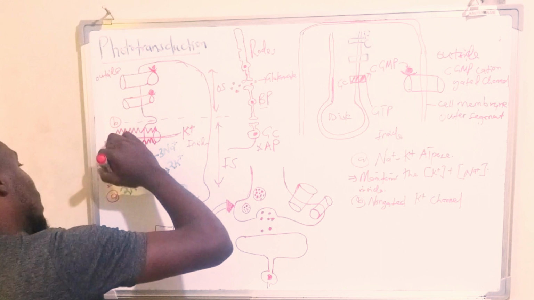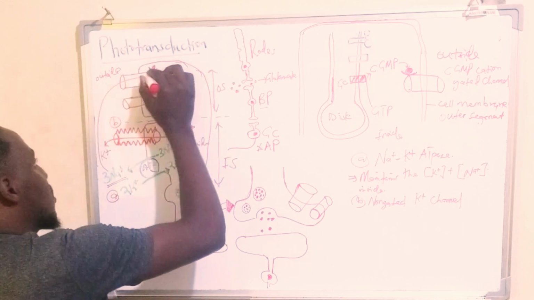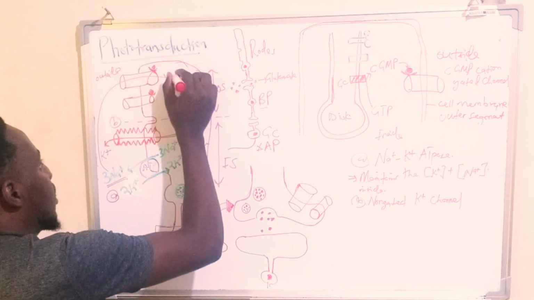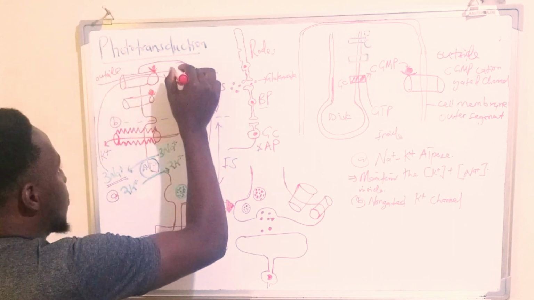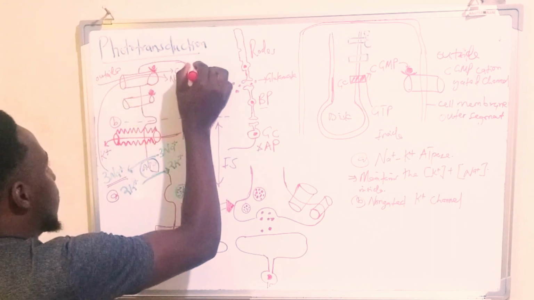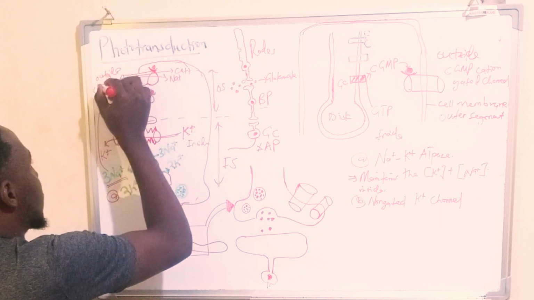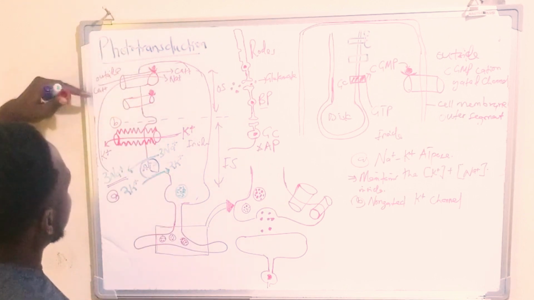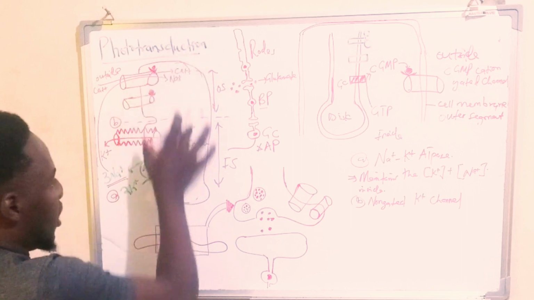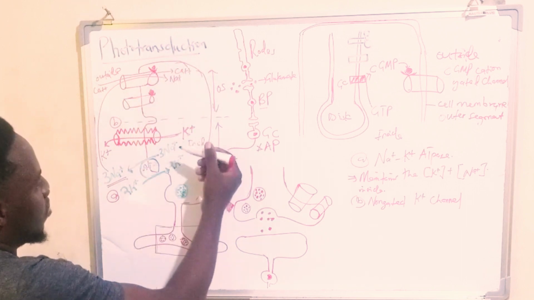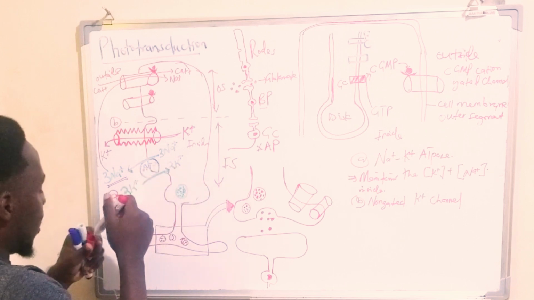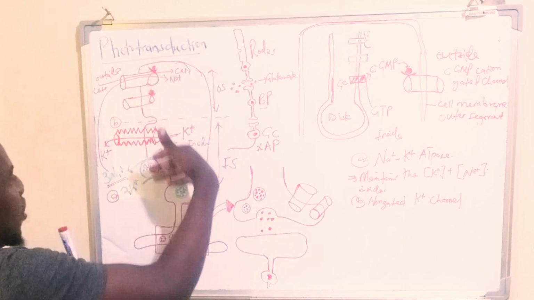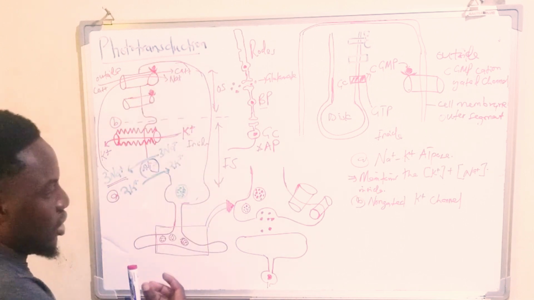Those channels allow sodium to move into the cell like that, as well as allowing calcium ions to move inside the cell. So the movement of these sodium ions and calcium ions into the cell depolarizes this cell, while the moving out of potassium acts to oppose this depolarization by hyperpolarizing the cell.